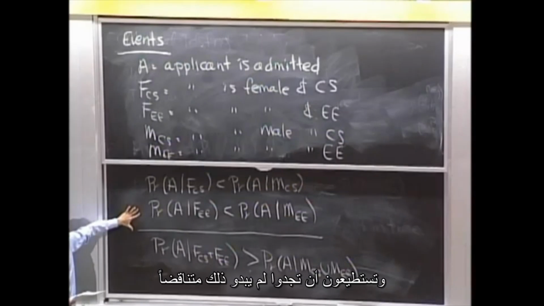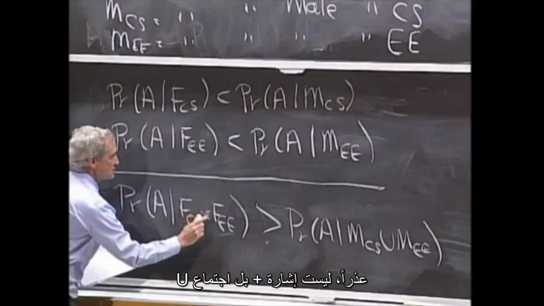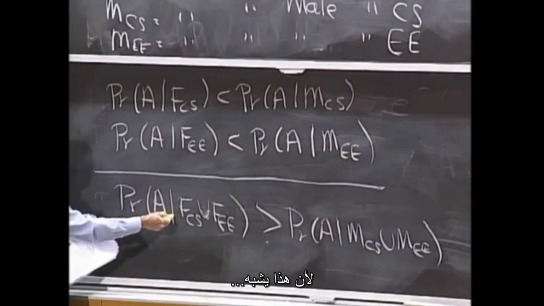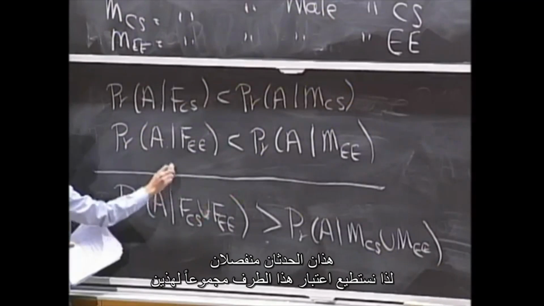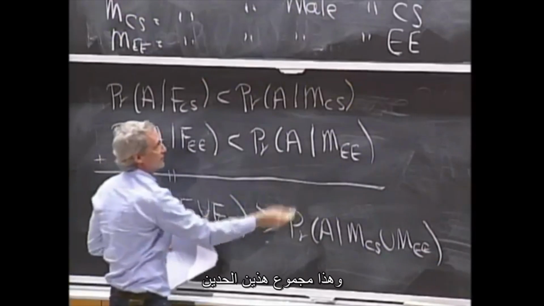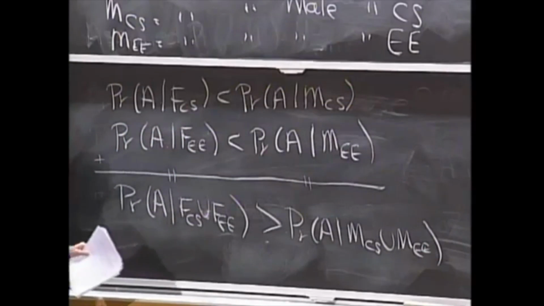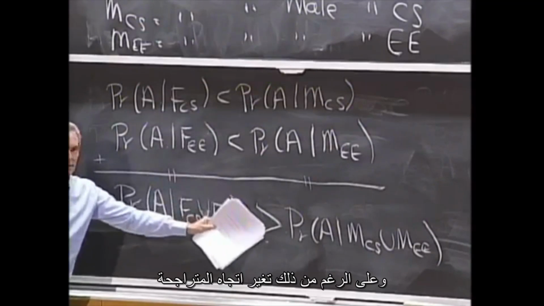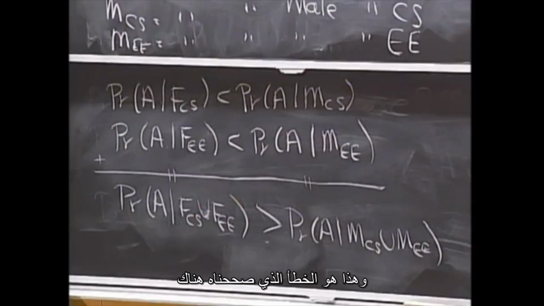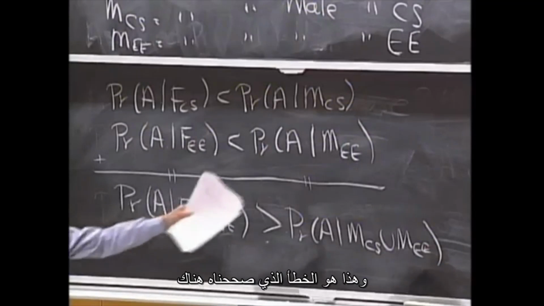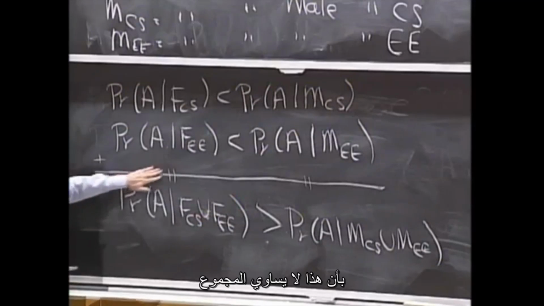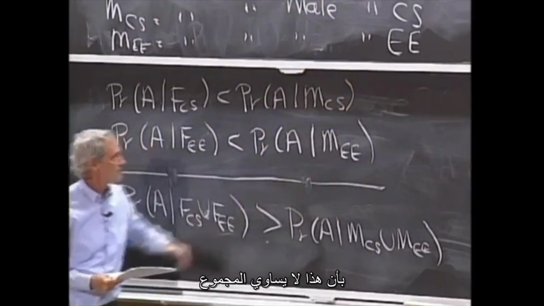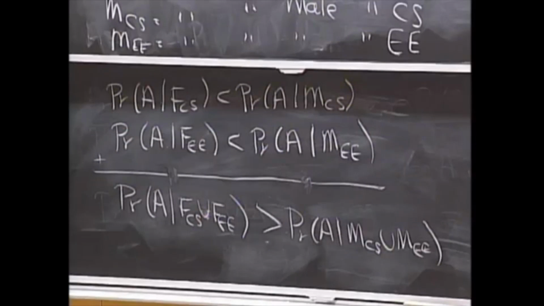And can you sort of see why this seems contradictory? Right? Because, well, not plus, union. Because these are disjoint. This is the sum of those. And this is the sum of those. And yet, the inequality changed. All right? In fact, this is the logic that we've just debunked over there. Exactly that claim. In fact, these are not equal as the sum. All right? So let's do an example.